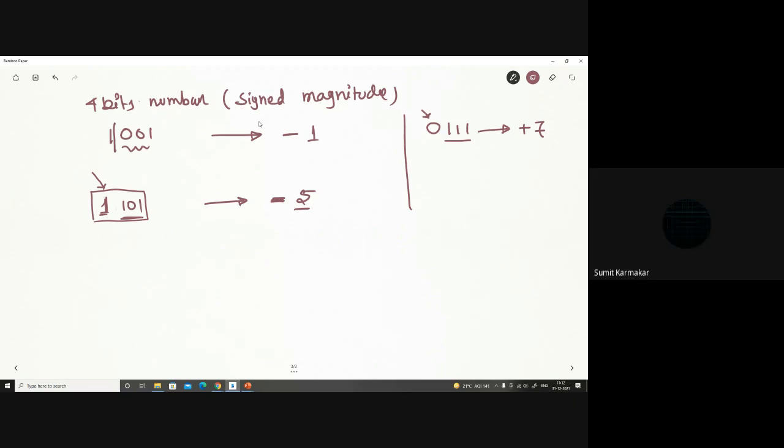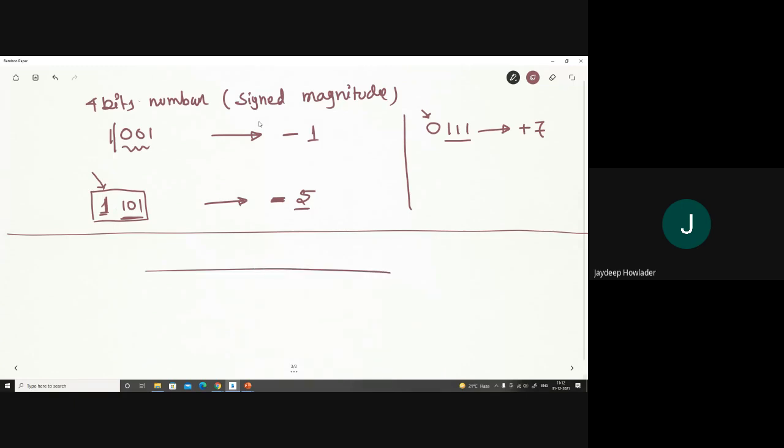Okay. So if we have a sign magnitude number, then there is a problem. For a 3-bit number, if we have 0, 0, 0 and 1, 0, 0, this half is representing the positive and this half is representing the negative.